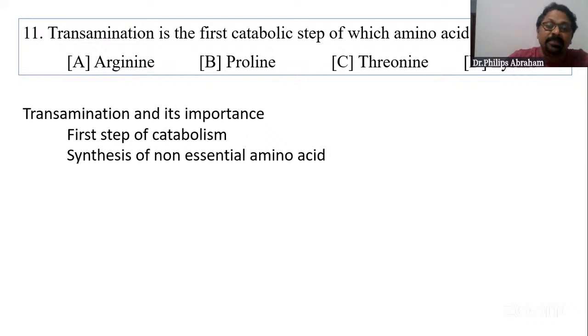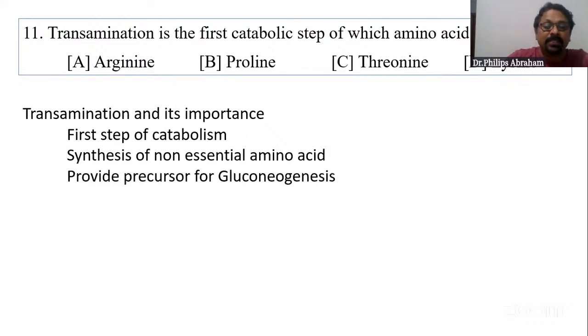Thereby, you can synthesize non-essential amino acids in this way. This process can also provide precursors for gluconeogenesis. For example, glutamic acid, when it undergoes transamination, produces alpha-ketoglutarate, a compound in the TCA cycle. From that compound, you can synthesize glucose.